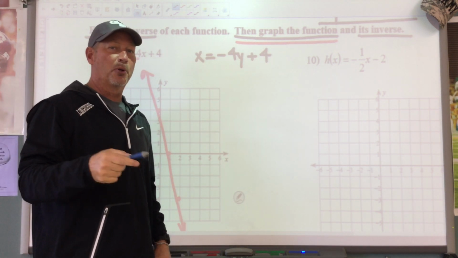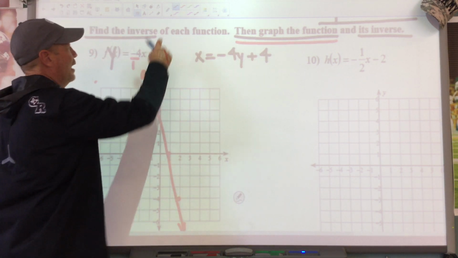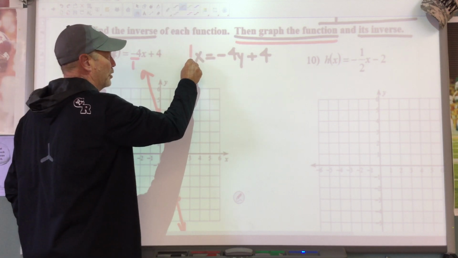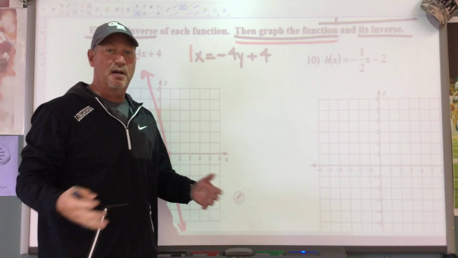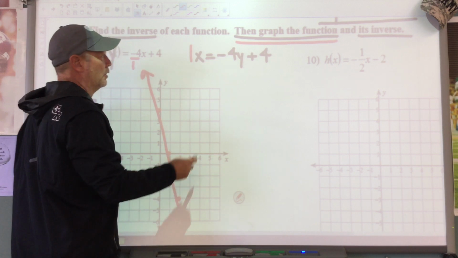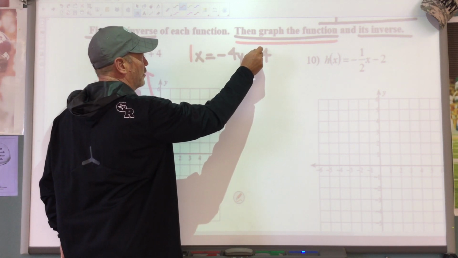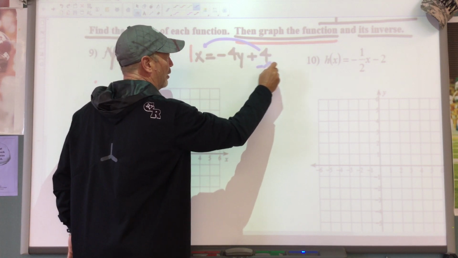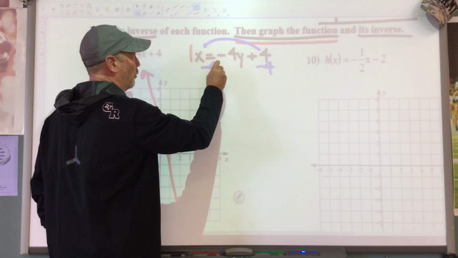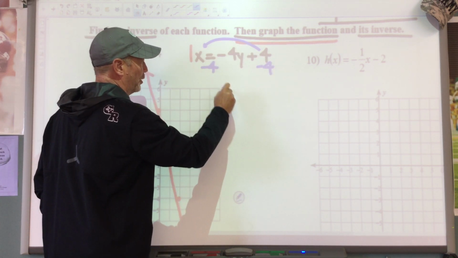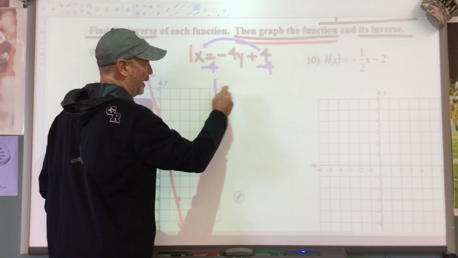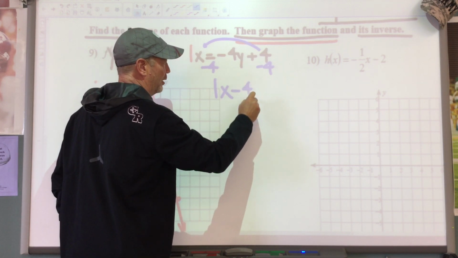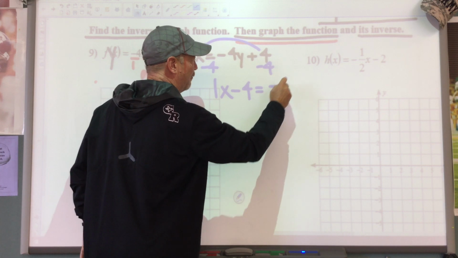I said that I was going to put a 1 there because we're going to graph. I said we're going to put a 1 here because you're going to need it later for slope. You got to find slope. Okay? So we're going to move the 4 to the other side. We're going to go minus 4, minus 4. That will leave us with x, or 1x, minus 4 equals negative 4y.